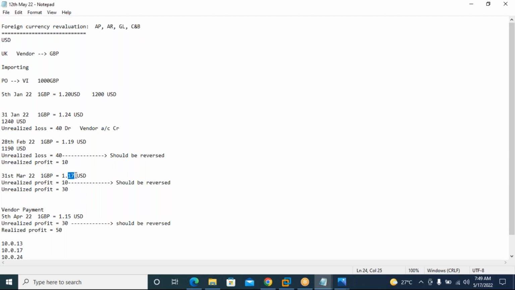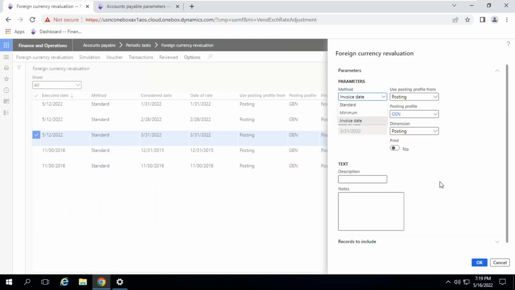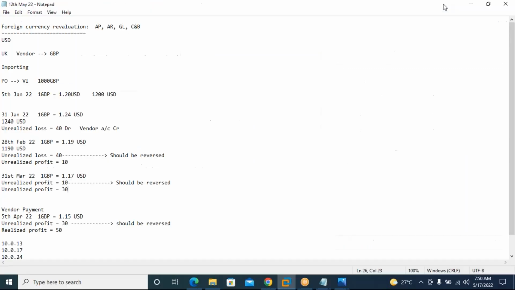Usually we don't use it. Maybe in some countries they want it only if there is a specific change, a decrease in the exchange rate value. Then we can use it. Only one adjustment will be posted, either plus or minus, vice versa. Understood? Okay. If it is increased, it will not affect.